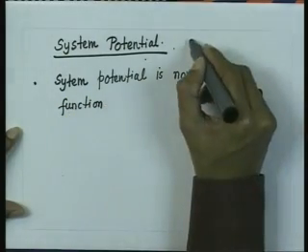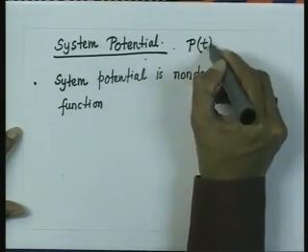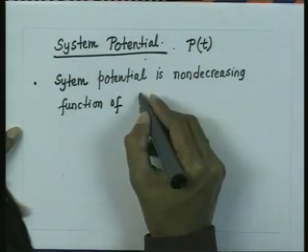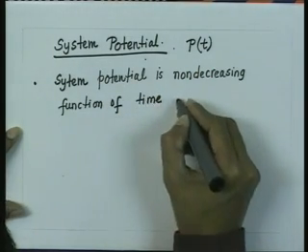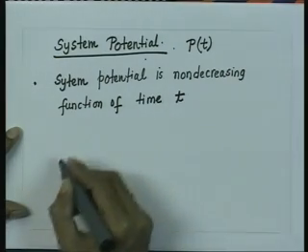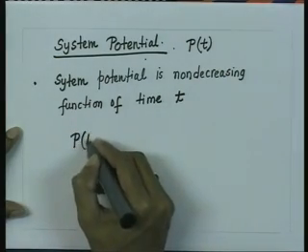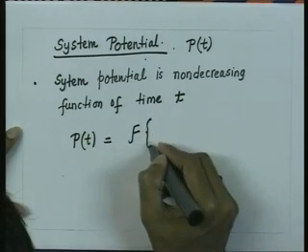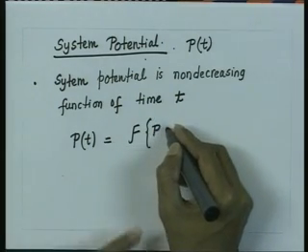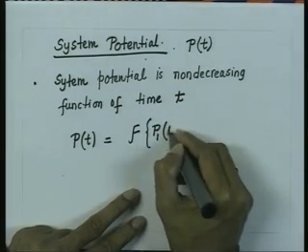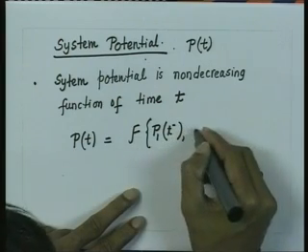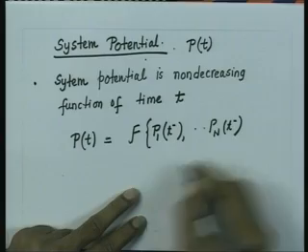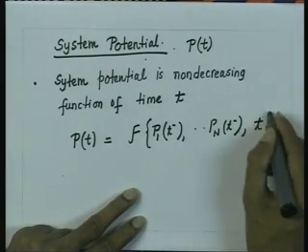So we define system potential P(t) as a non-decreasing function of time t. P(t) is defined to be a function of P1(t-), and so on up to Pn(t-), and the time t.